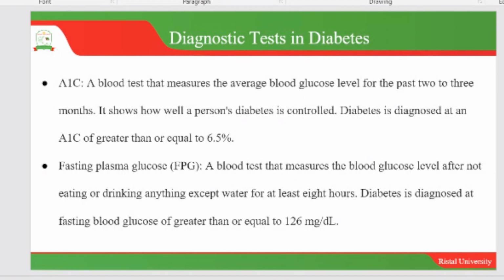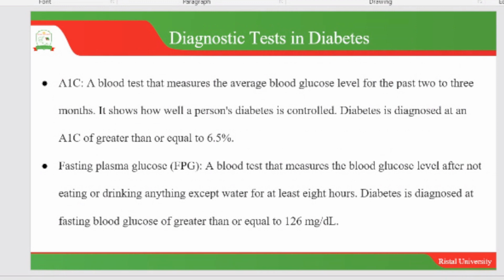Diagnostic tests in diabetes. We have the A1C. This is a blood test that measures the average blood glucose level for the past 2 to 3 months. It shows how well a person's diabetes is being controlled.